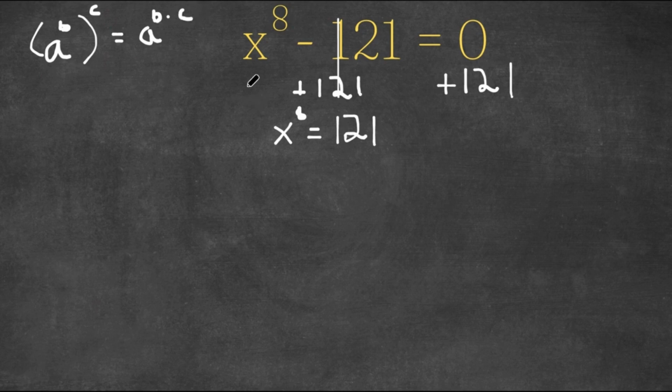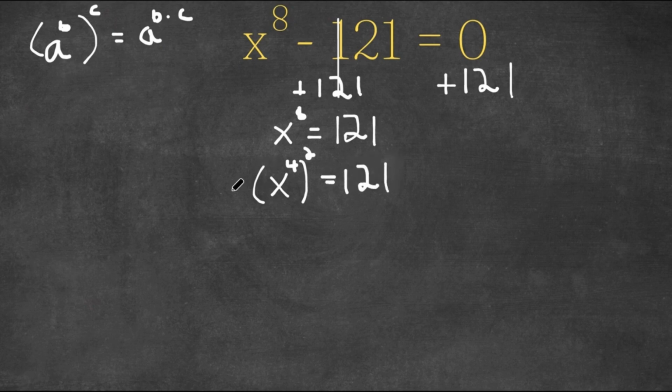So what we're going to do is change our x to the power of 8 here so that it is in this form, a to the power of b to the power of c. So we're actually going to change this to x to the power of 4 to the power of 2, because 4 times 2 is 8, and that's x to the power of 8, and this is equal to 121.